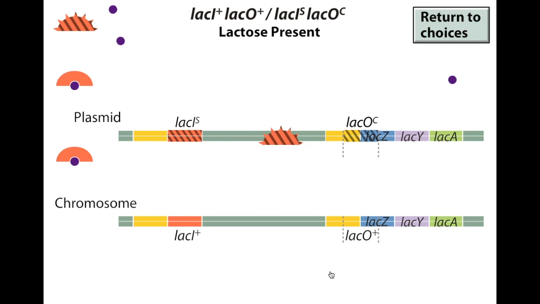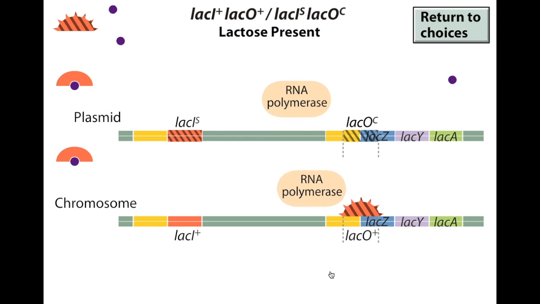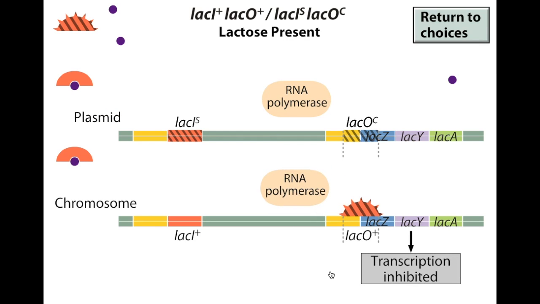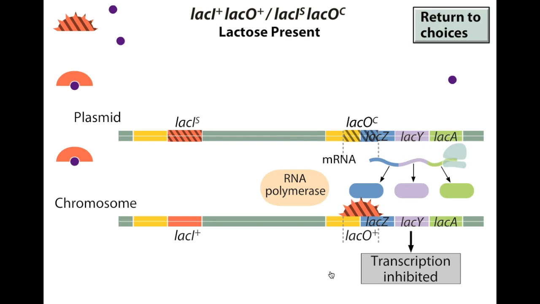The superrepressors are still available to bind to the wild-type operator and inhibit transcription. Because the superrepressor cannot bind to the mutant operator, RNA polymerase is free to transcribe the upper operon. The resulting mRNAs are then translated into the enzymes necessary for metabolizing lactose.